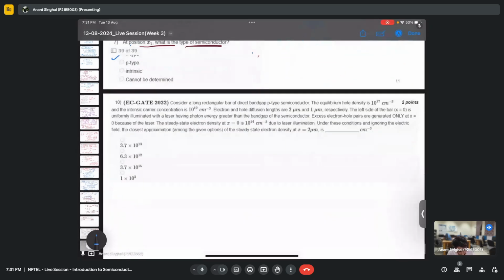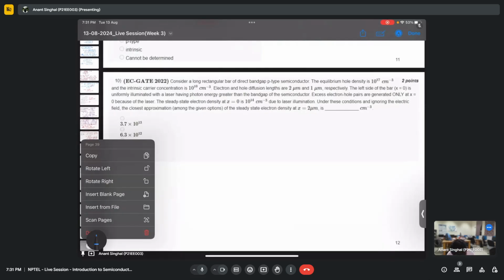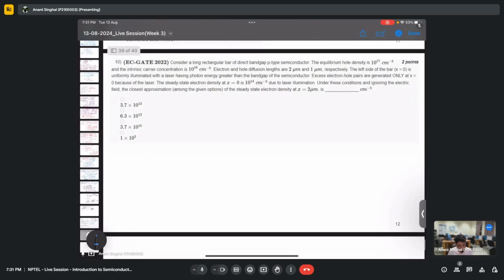So let's move forward. We have another question which is quite a good question. We have a long rectangular bar of direct band gap p-type semiconductor, so N_A is given as 10^17 per centimeter cube. The intrinsic carrier concentration is 10^10 per centimeter cube.